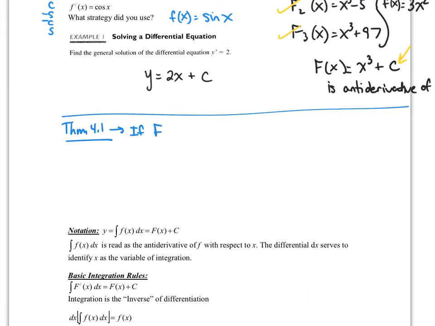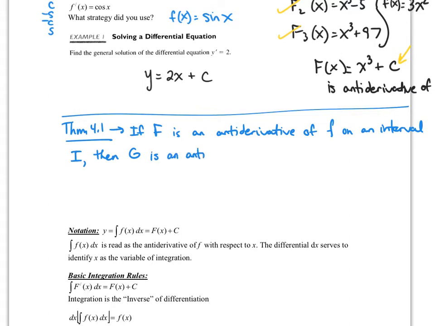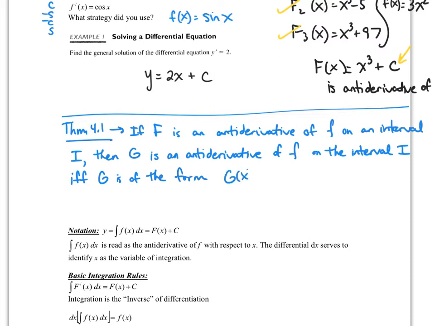If F is an antiderivative of little f on an interval I, then big G is an antiderivative of little f on the interval I, if and only if, IFF stands for if and only if, G is of the form g of x is equal to F of x plus c for all x in I where c is a constant.